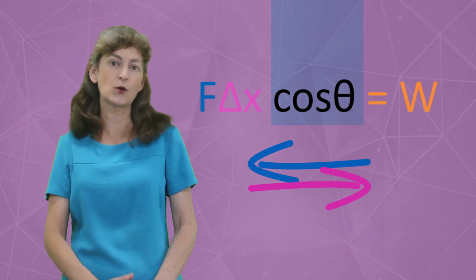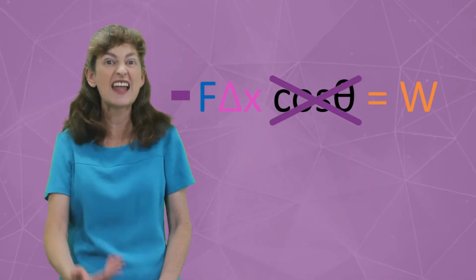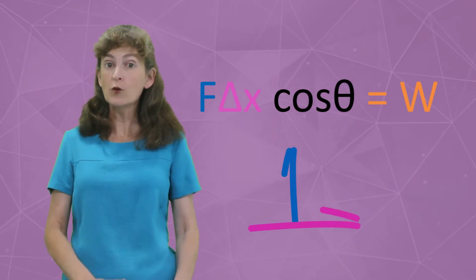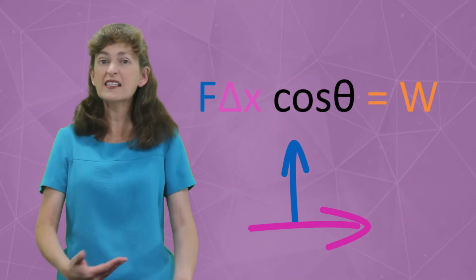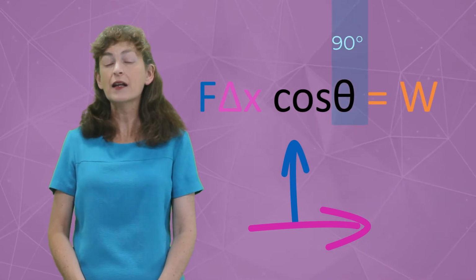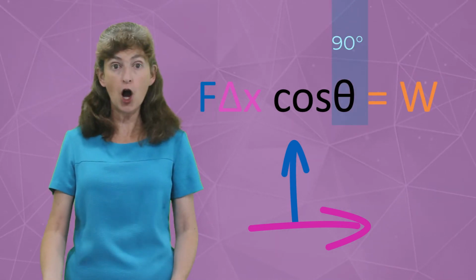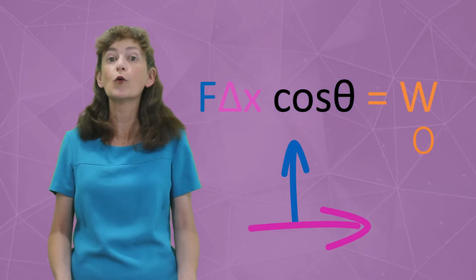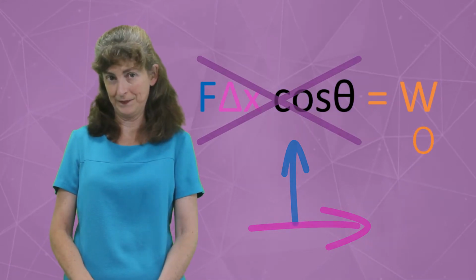So then this equation simplifies to work equals negative force times displacement. If force and displacement are at right angles to one another, then theta is 90 degrees. Cos 90 degrees equals 0. So in such a case, the force does no work.